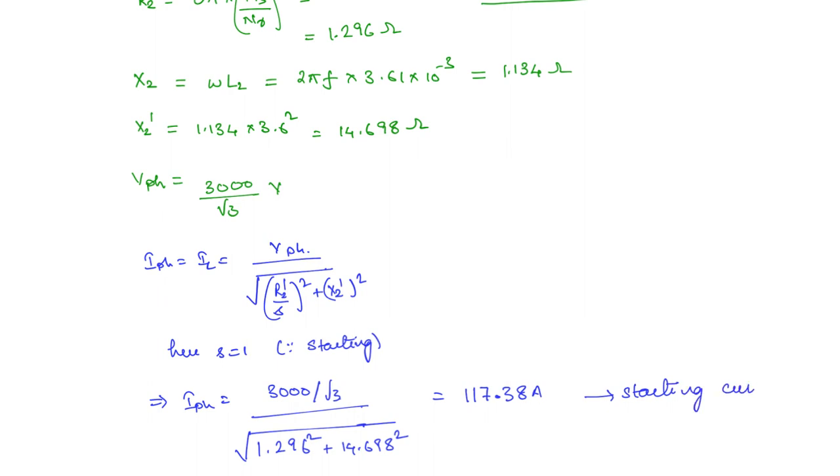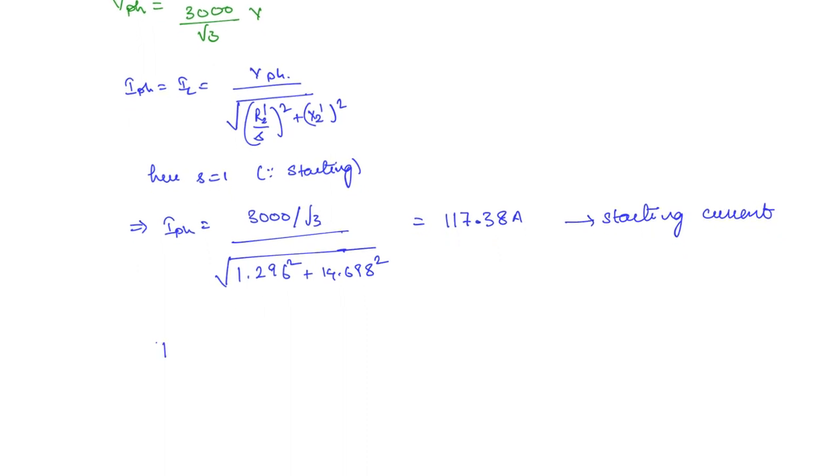We also want to find out the starting torque. So what is the expression for starting torque? T is equal to 3 by omega s into I2 dash whole square R2 dash divided by S. Okay. So what are all the parameters here? S is equal to 1. What is omega s? This is the synchronous speed in radian per second. So this is 2 pi into ns. Now ns in turn is dependent on the frequency and number of poles.